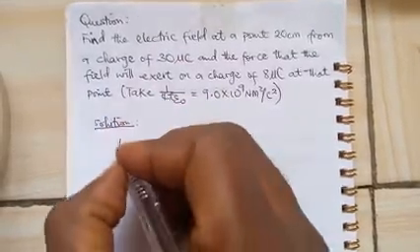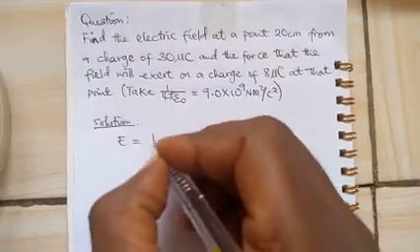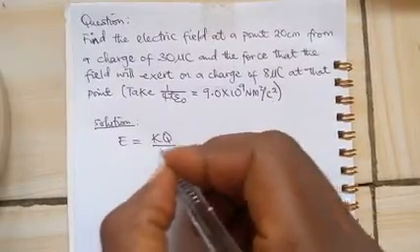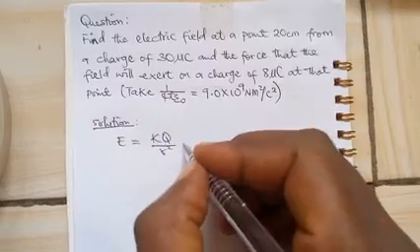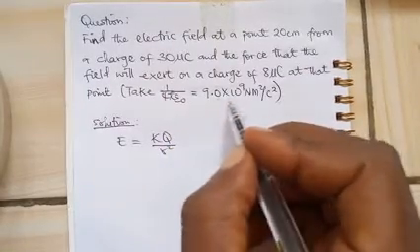We need to know that E is giving us K, Q over r squared. This K, we were asked to take it to be this.